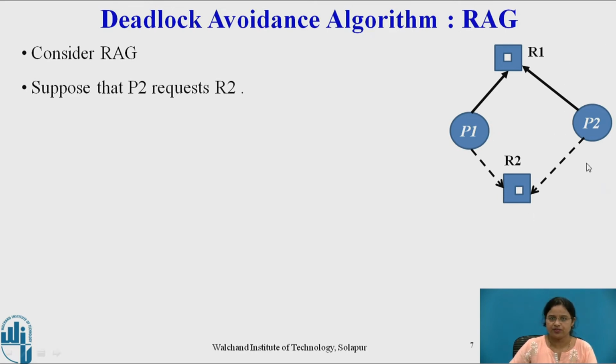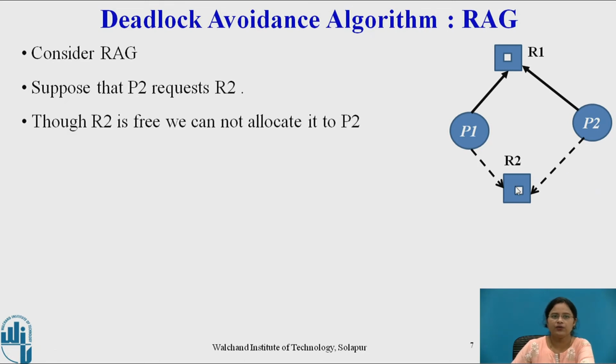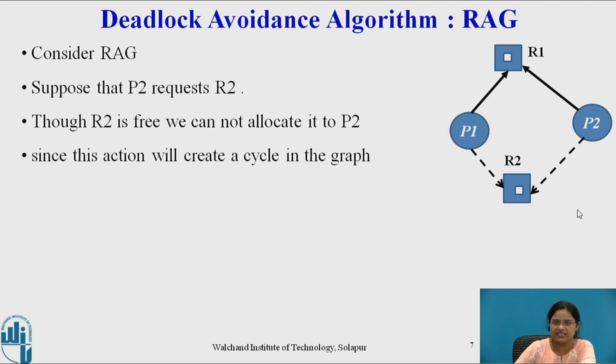So, this is the basic condition. Now, consider that P2 makes a request for R2. Okay. Now, if P2 makes a request for R2, though R2 is free, we cannot allocate R2 to process P2. Why? Because, as we can see here, it may create a cycle in the graph.